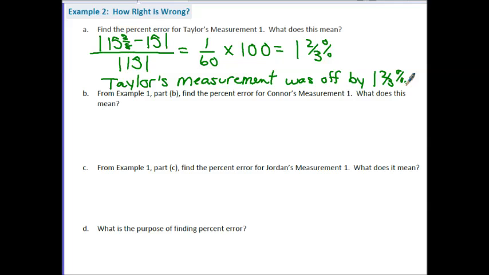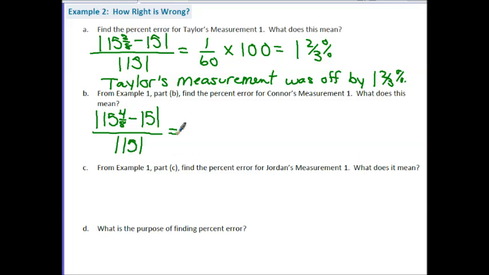Part B, find the percent error for Connor's measurement, and what does this mean? Again, we are going to take the absolute value of the measured value for Connor, that was 15 4/8, minus the actual value, which was 15, and divided by the actual.